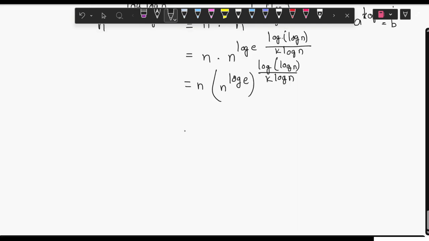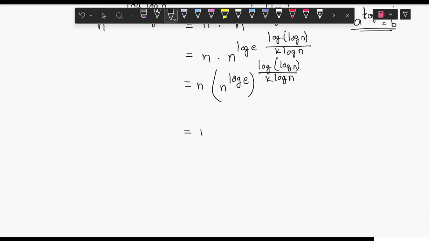If I apply this formula here, I can write n, e to the power log n is whole to the power log of log n by k log n.